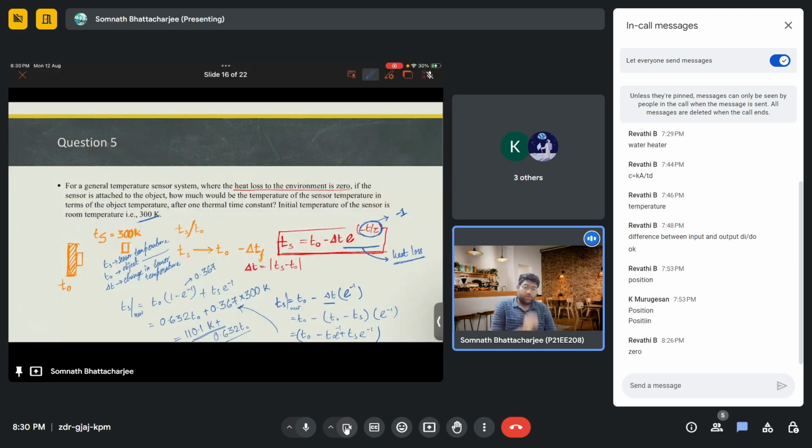So this will be the value of this, but in the question we need to measure a different value, that is after one thermal time constant what will happen. So we have got this value minus 1, but is it the correct answer or not?